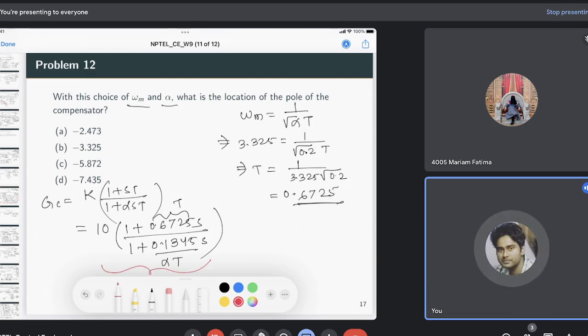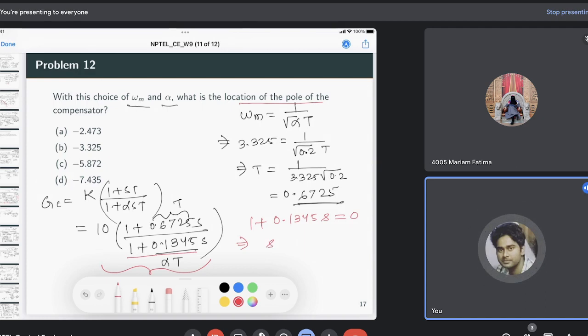To find the location of the pole of a transfer function, we just make the denominator equal to 0. The value of s that makes the denominator equal to 0, the root of the equation in the denominator, gives the poles of the system. So we make 1 plus 0.1345 s equal to 0, which gives the pole of the system.